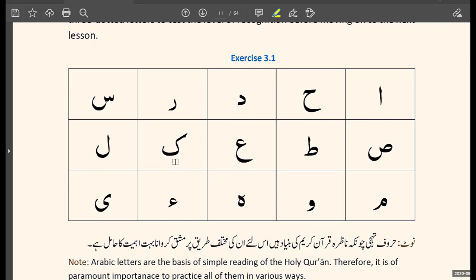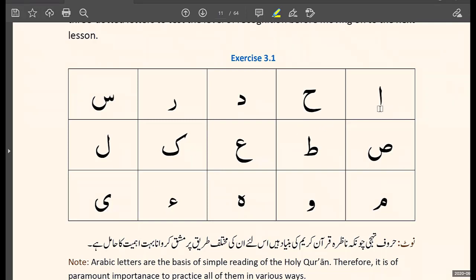Remember, when you make it thick, that will be qaf. But this one is kaf. Lam, mim, waw, ha. No, not hey, ha. Hamza, ya. Okay, yeah.